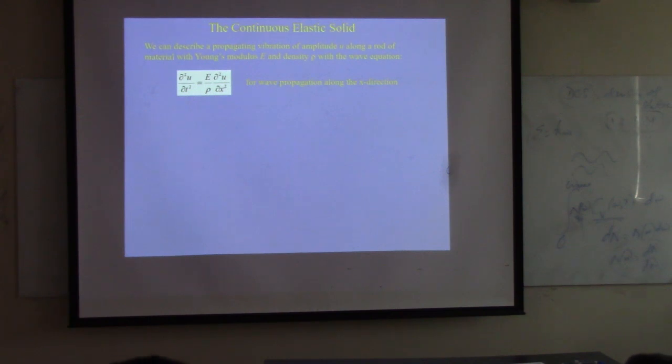Then F you can write simply as mass times acceleration, right? Mass is density times the area times your length, say delta x. So that's it, right? dc over dx you can also write as dc over dx times delta x.